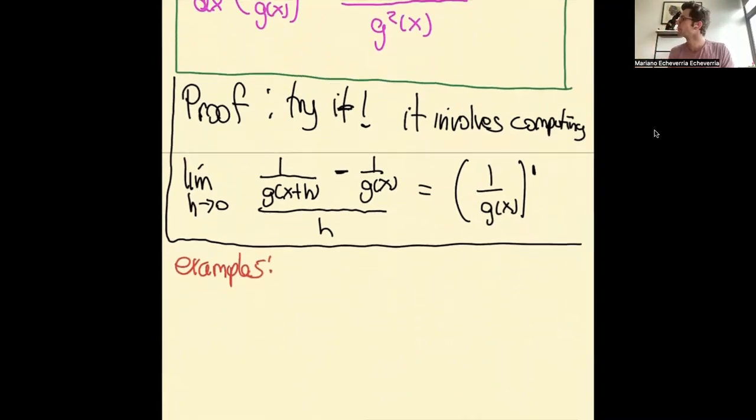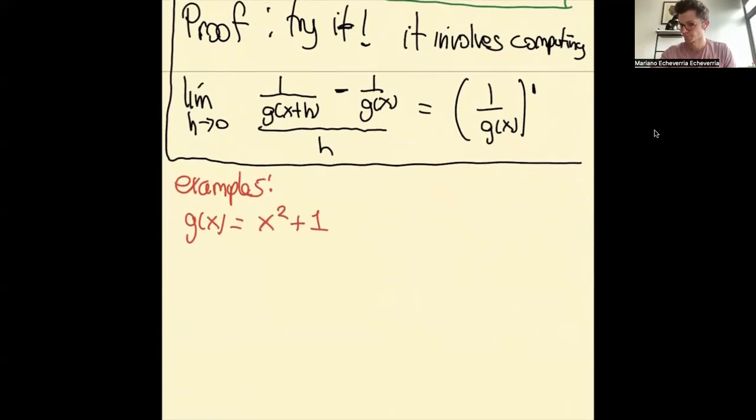So let's say g of x is x squared plus 1. So what is 1 over g of x? It would be 1 over x squared plus 1, right? In fact, again, let me change the color here.